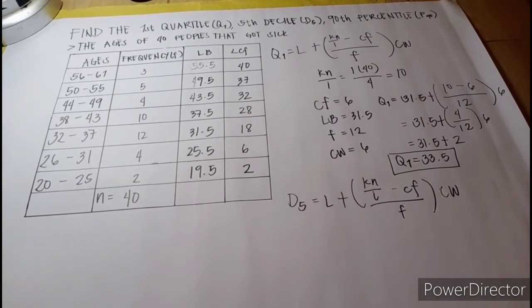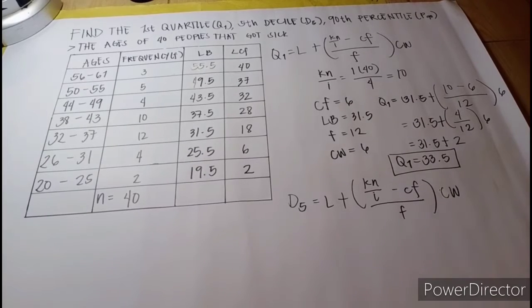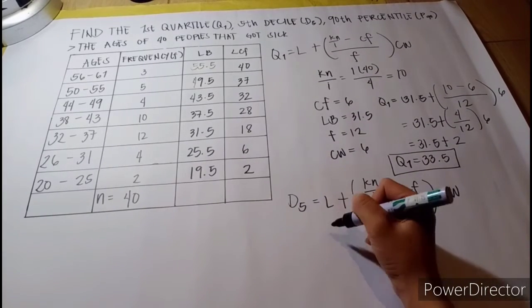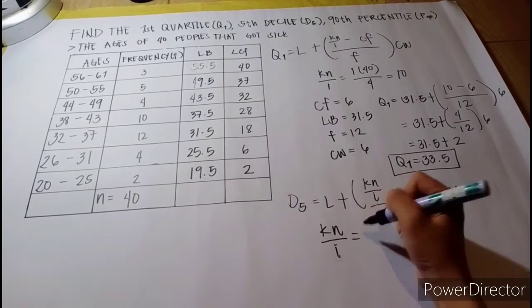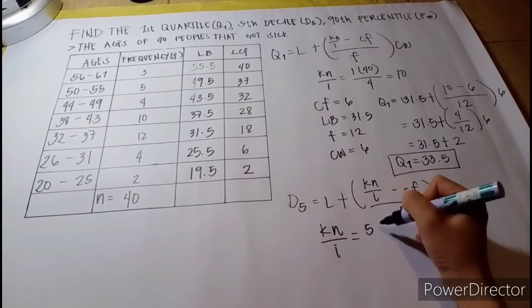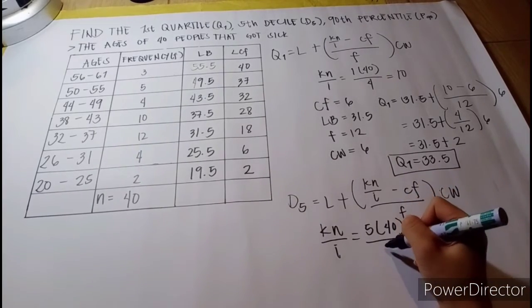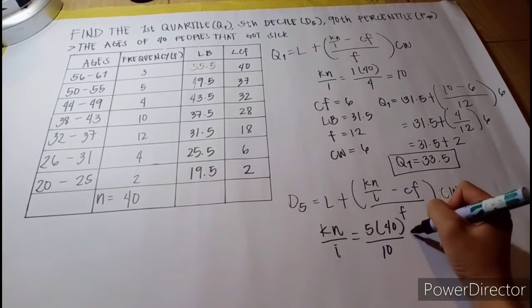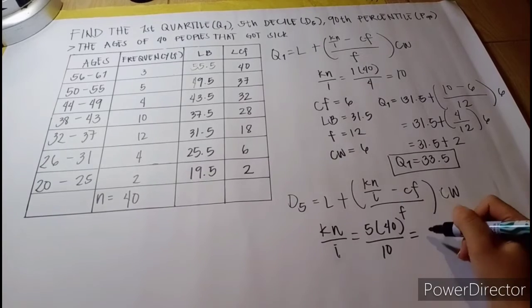Our K is 5, since 5 is the term that we need to find. Then the I is 10. So Kn over I is 5 times 40 over 10. 5 times 40 is 200, divided by 10 is 20.